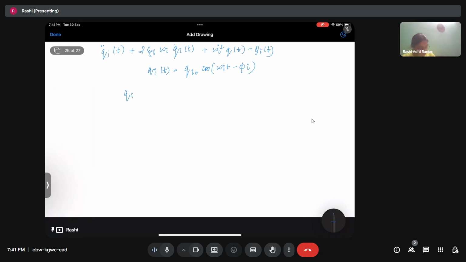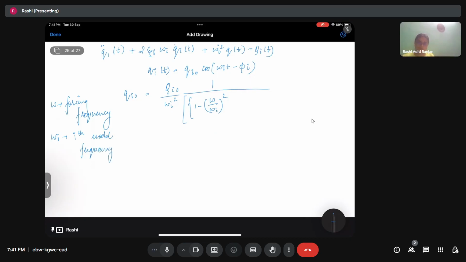Correct? Where phi i is the phase angle and omega i is the ith natural frequency. So we have q i of 0 written as capital Q i of 0 divided by omega i square into 1 divided by, first was 1 minus omega by omega i square, where omega is the forcing frequency and omega i is the ith modal frequency, whole square, plus 2 eta i omega by omega i, whole square, the whole to the power 1 by 2.